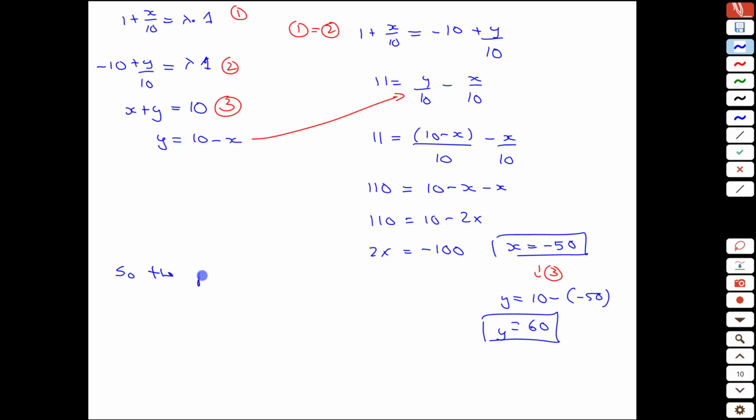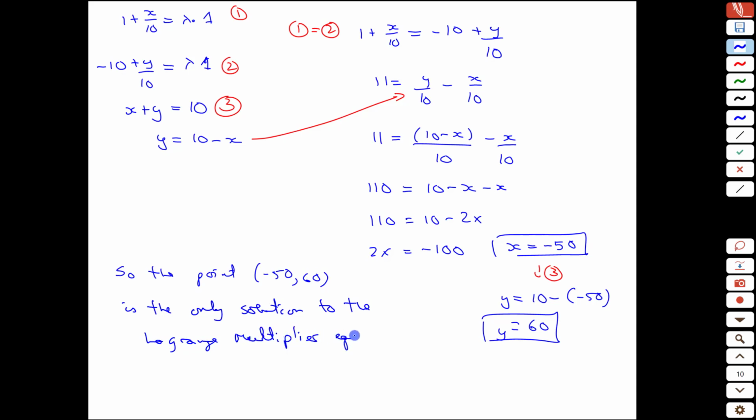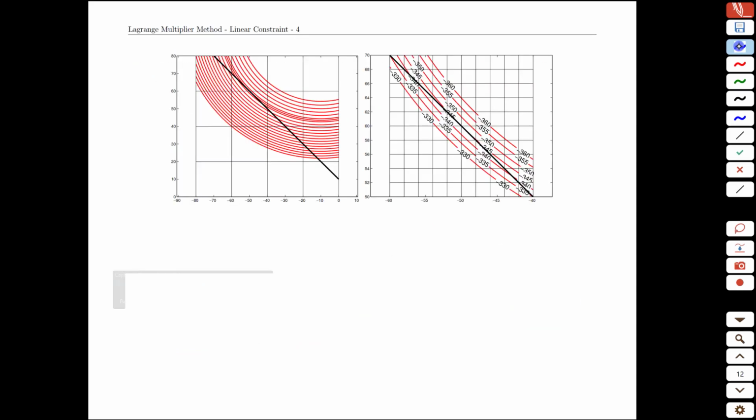So the point negative 50, 60 is the only solution to the Lagrange multiplier equations. And so it's our candidate, our only candidate, for a max or a minimum along that constraint curve.